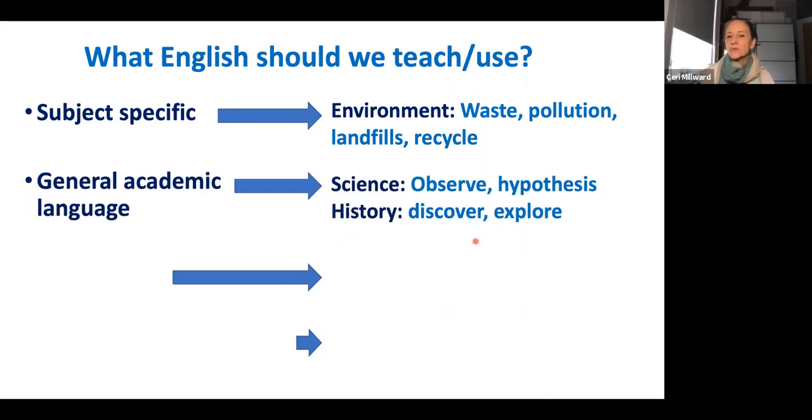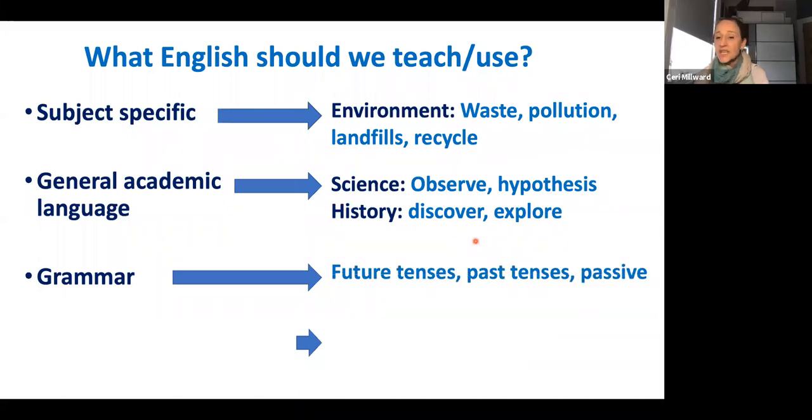So, for example, observe and hypothesize, which we might use for science, discover and explore, which we use for history. We need grammar as well, of course, and here we have future tense. Maybe we would use that for the environment. Past tense, obviously history, and then the passive possibly for science.